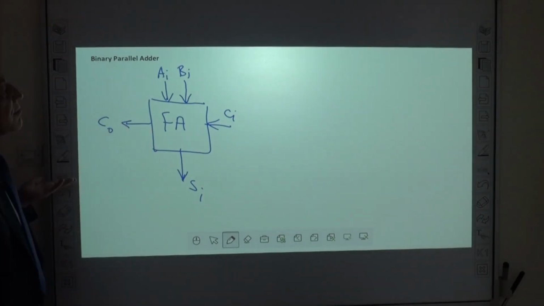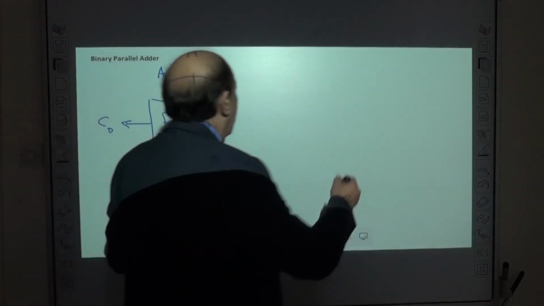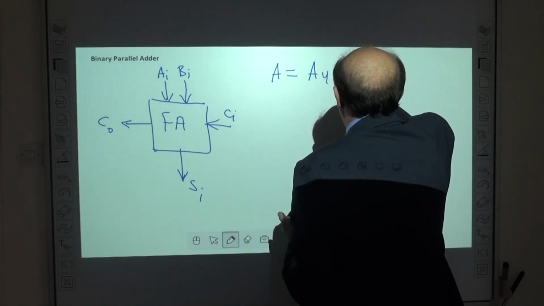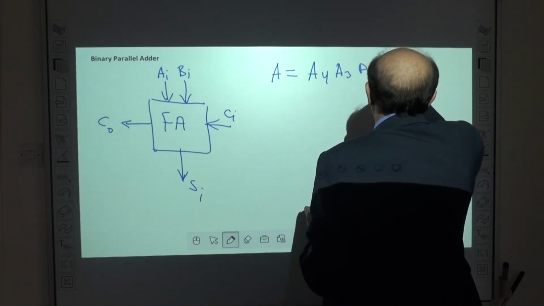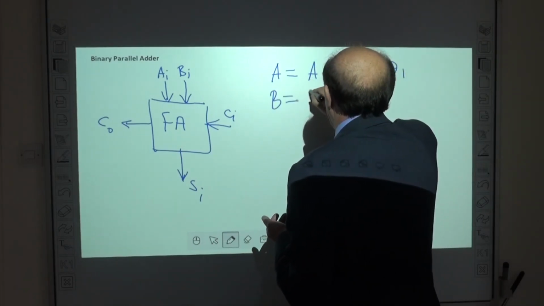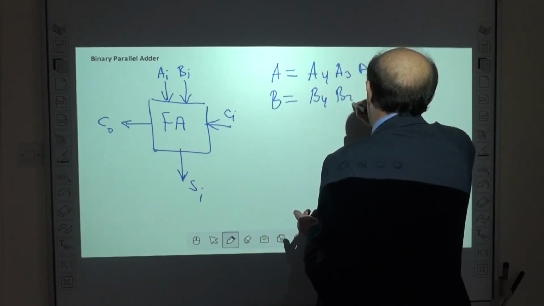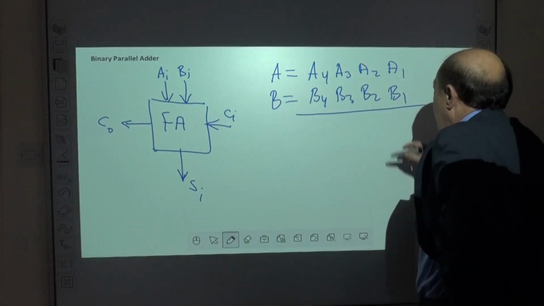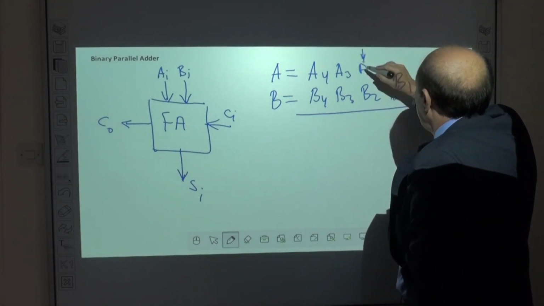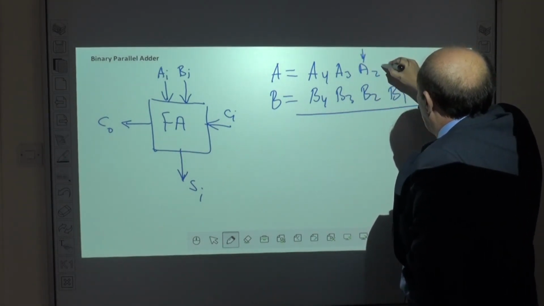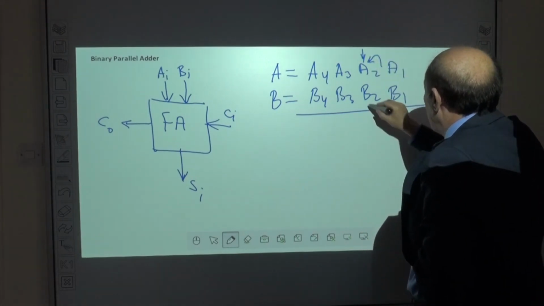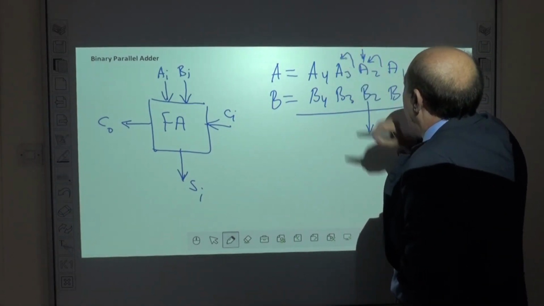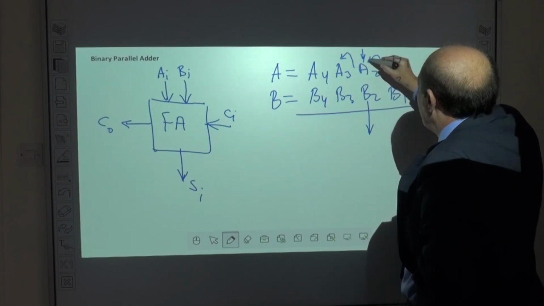And it cannot be used to add 2 numbers. We need to add 2 numbers, for example, A4, A3, A2, A1, with another number B4, B3, B2, B1. For example, in this stage, we need to add A2 with B2, with the carry from the previous stage, and output the sum and a carry to the next stage. So in each stage we need a full adder.